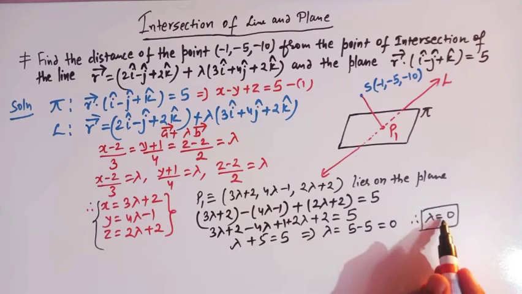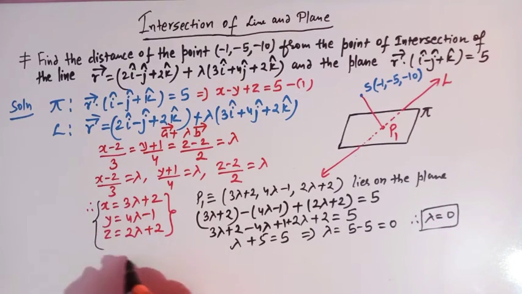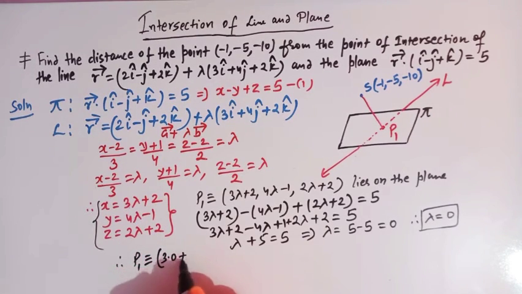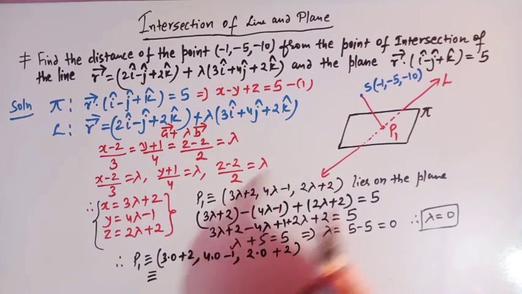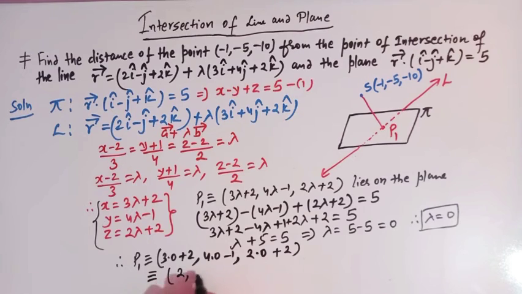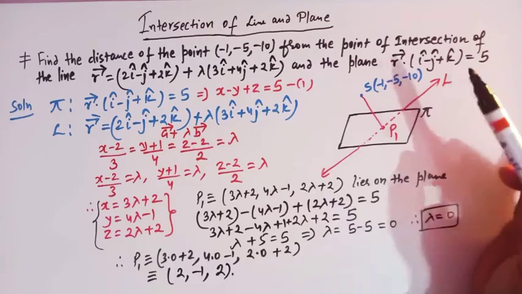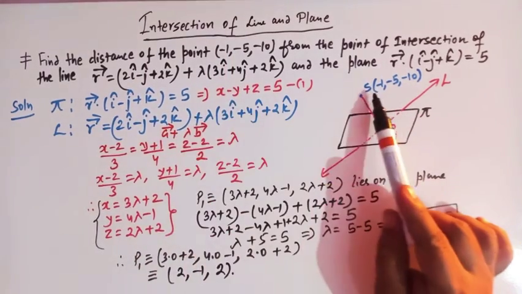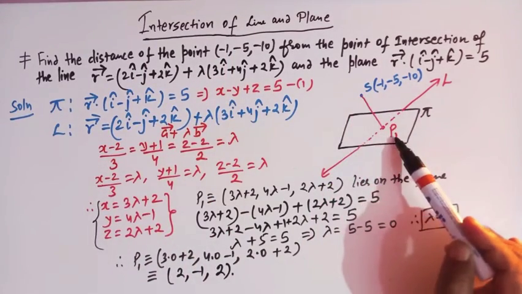Now if we substitute lambda equal to 0 here, then we get the coordinates of the point P1. So this is 3 times 0 plus 2, 4 times 0 minus 1, and 2 times 0 plus 2, and the coordinates of the point P1 are 2, minus 1 and 2, right? Now we have to find the distance of this point, that is point S, from this point P1.